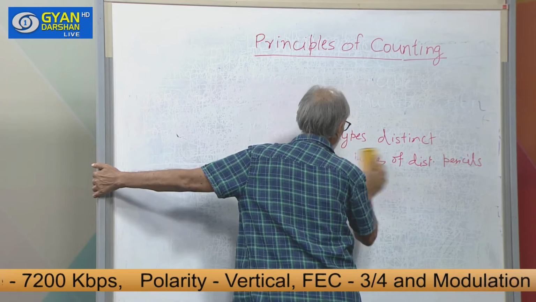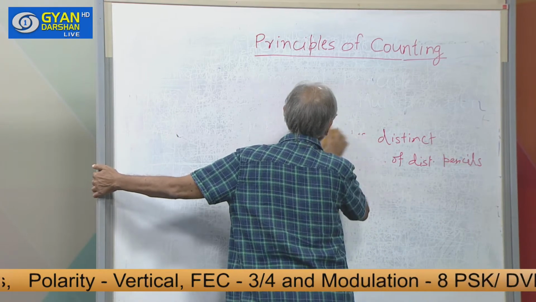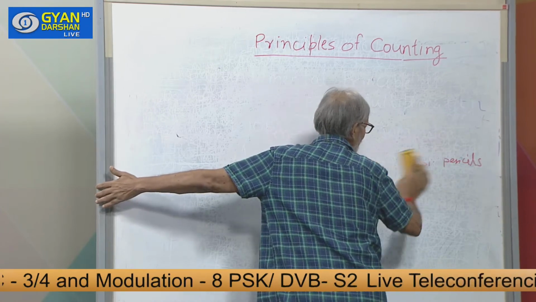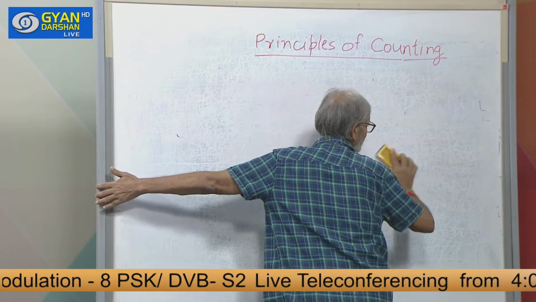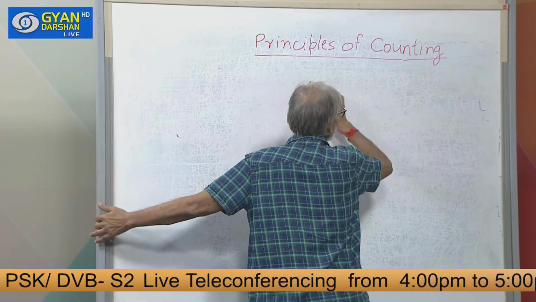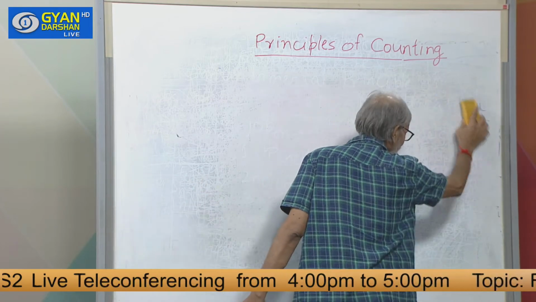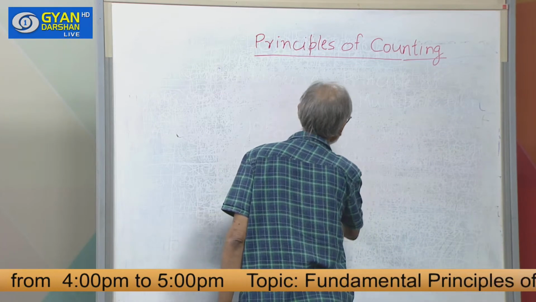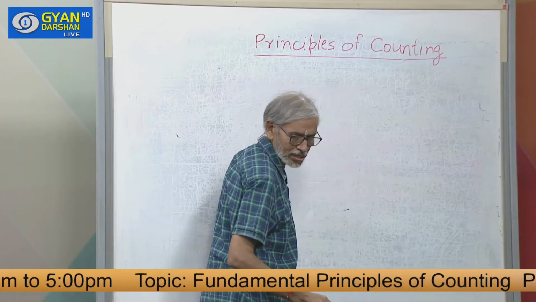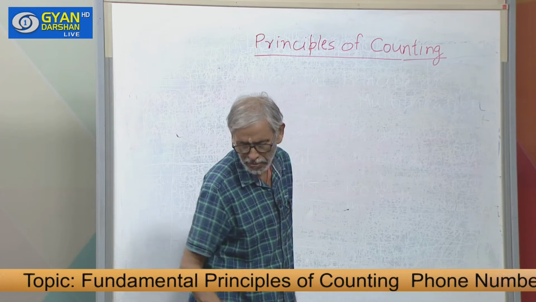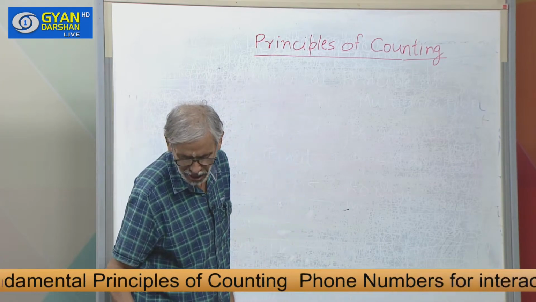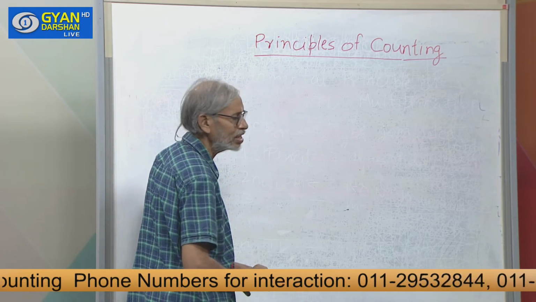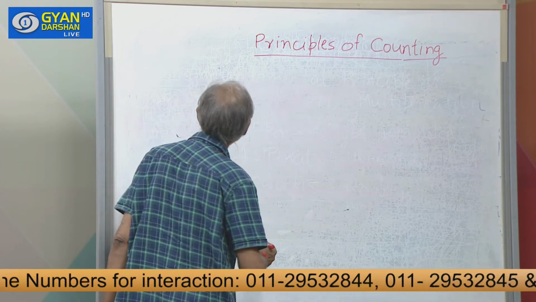This was multiplication, where there are n jobs to be completed, and each job was done in a different number of distinct ways. So, it was simply the multiplication of all m1, m2, mn that gave the total number of ways you can accomplish the n jobs.